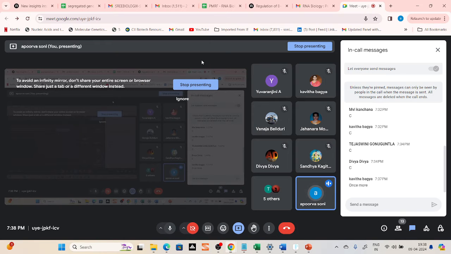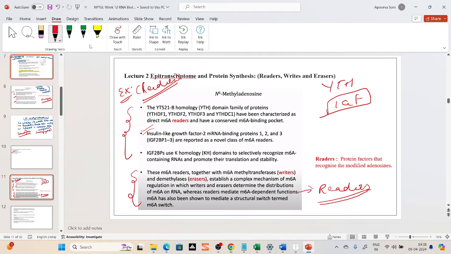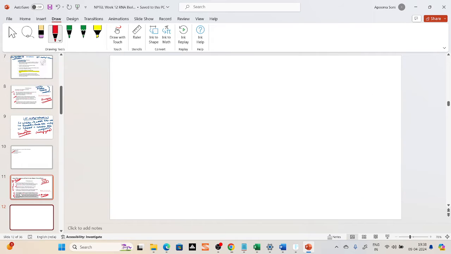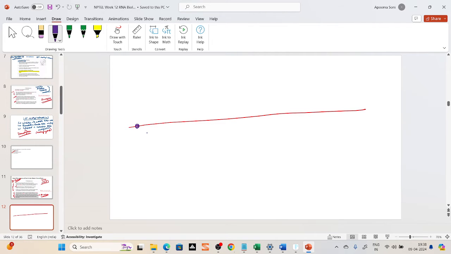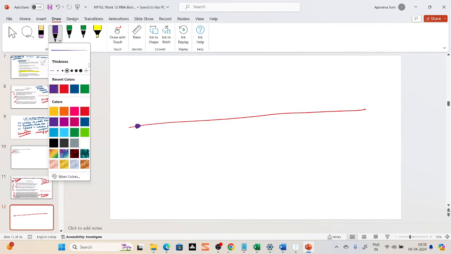Okay, so I'll just explain it once more. Suppose this is the RNA molecule, and just assume for our convenience, this is the adenosine. Just assume it, okay?